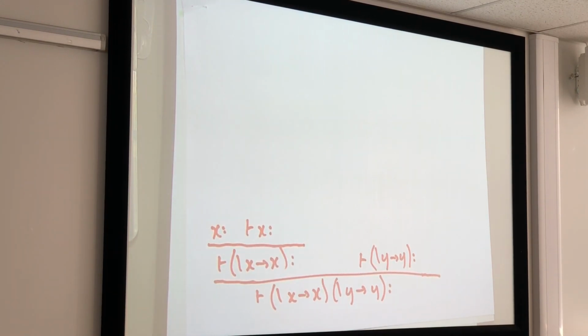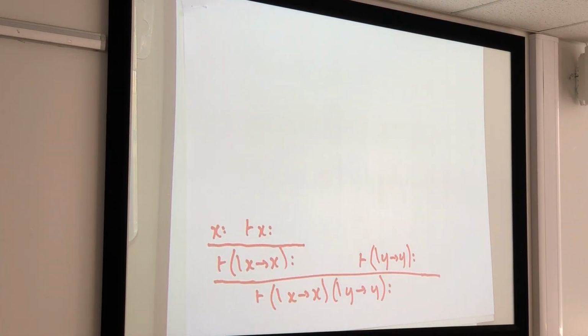What computers do in this situation, if they don't know what type to write, they just make up a variable that stands for the thing they don't know. And I'm going to use question marks with a numerical subscript as the variables. And that way, I can always make new ones because I can always pick another number.